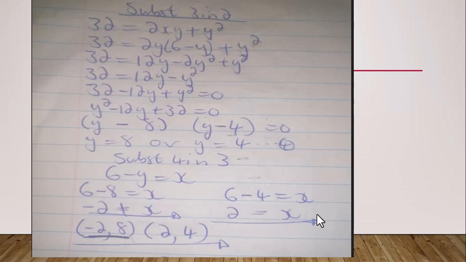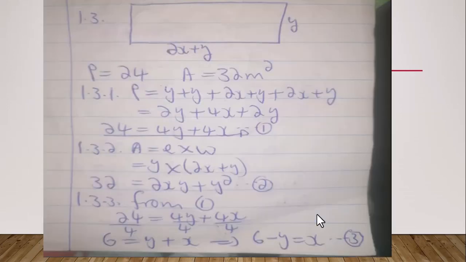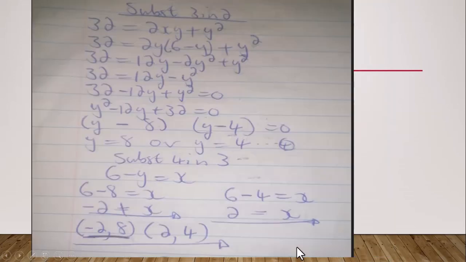We first write the equation 2, which is 32 equals 2xy plus y squared. And then from there, in that equation where I see x, I will be writing 6 minus y, because I have made, remember, x the subject of the formula. So 32 equals 2y.